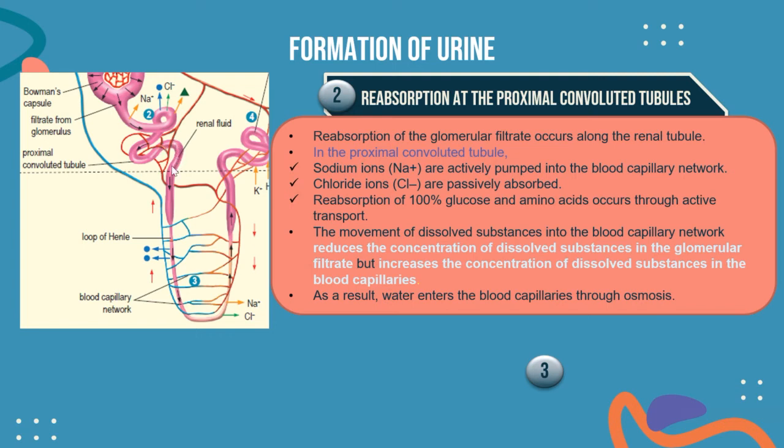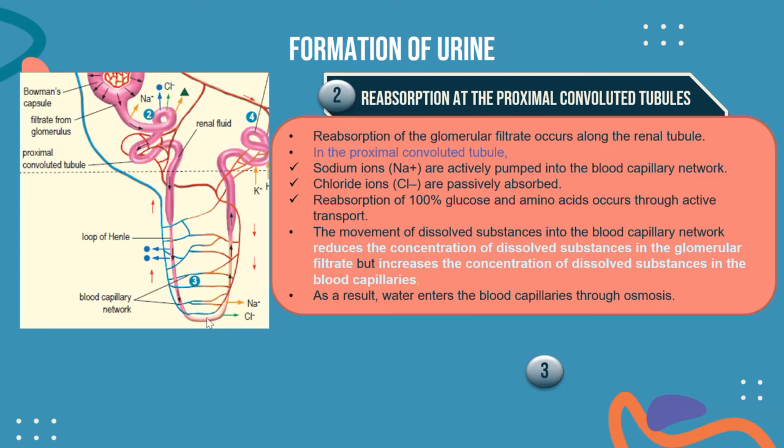You have to remember which substances involve passive transport and which involve active transport, especially glucose and amino acids, which are actively pumped into the blood capillary.